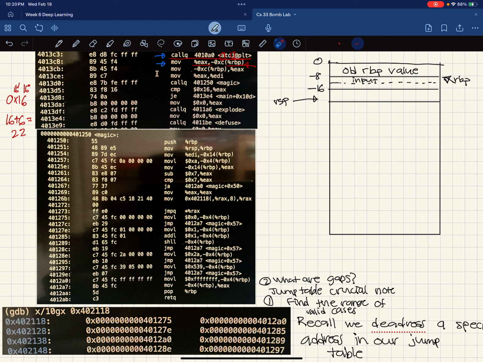Okay, when I say push, I'm saying it's like an actual push. So what does push do? Well, push decrements RSP by 8, and then places the return address onto the stack at that specific RSP location. So let's just say, so yeah, in this case it would be 4013D5.